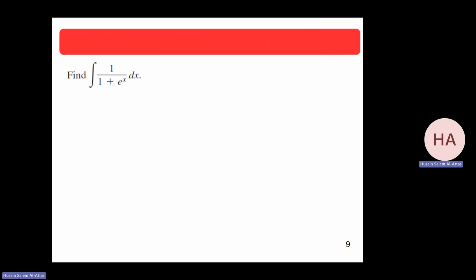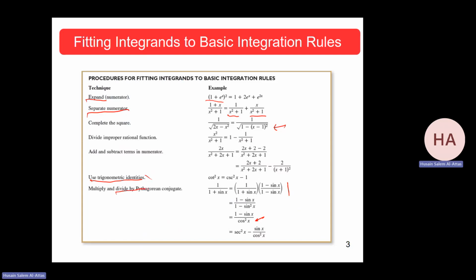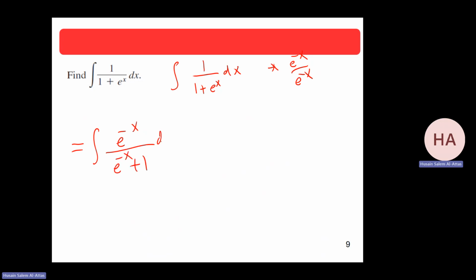Next, integral of 1 over 1 plus e to the power x dx. One trick, like what we did here, is that sometimes I multiply by something. I multiply by e to the minus x over e to the minus x. So I get e to the minus x over e to the minus x plus 1 dx.